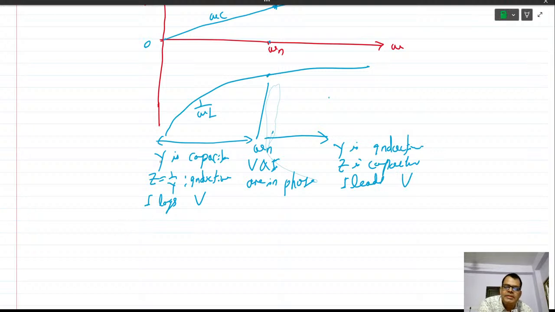And if you compare it with the series circuit, this is just reverse. At this point, both V and I are in phase, and you will see that here Z will be capacitive and I leads for series, and here Z will be inductive, I lags. See the duality applied here.